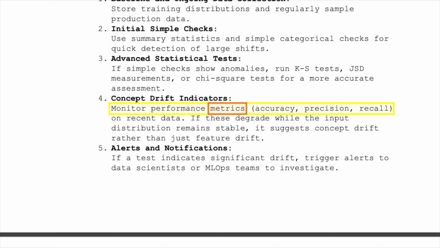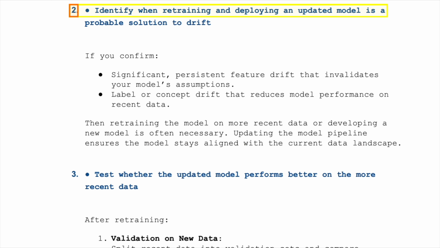Monitor performance metrics, accuracy, precision, recall on recent data. If these degrade while the input distribution remains stable, it suggests concept drift rather than just feature drift. 5. Alerts and notifications. If a test indicates significant drift, trigger alerts to data scientists or MLOps teams to investigate. 2.